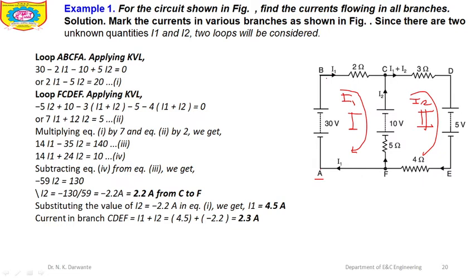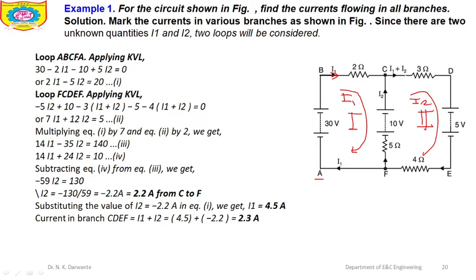Then because of that, the current through this B2C branch will have the arrow like this. This is an assumption, and already they have given it. Finally, if you have got the I1 value negative, it means our assumption is wrong and the direction will be opposite, but the magnitude will be the same, therefore you don't have to worry. Then I1 assumption is over.